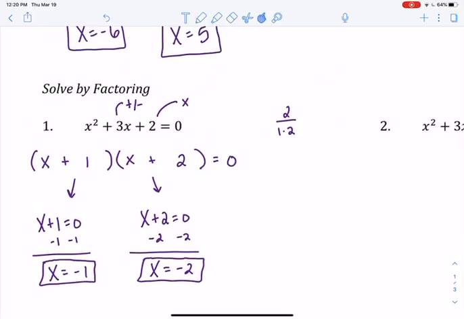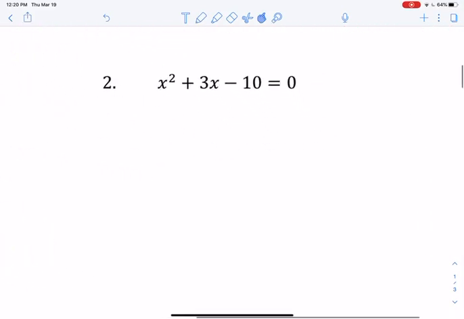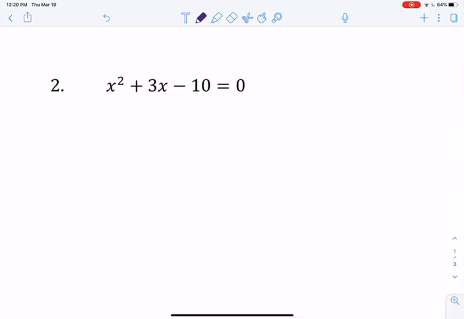Let's move on to number 2. All right, so same thing. What I normally like to do first is set up my parentheses. Now remember, this time we have it equal to 0, and I'm going to separate my x squared. All right, so now we need to decide, well, it multiplies to be negative 10, but adds or subtracts to be 3.